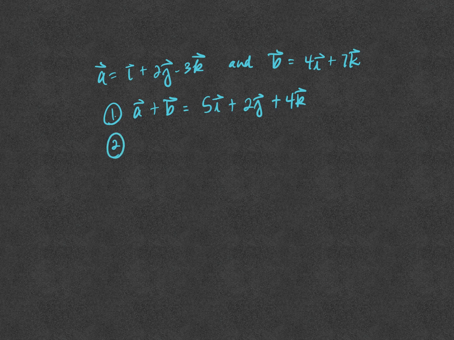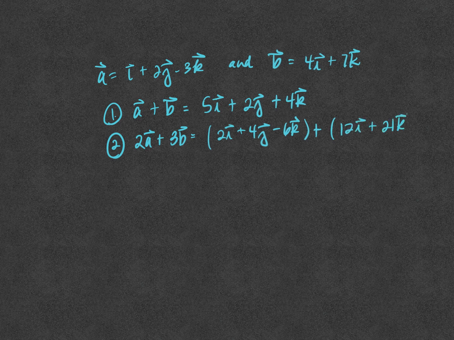Number 2, let's say 2 times vector a plus 3 times vector b. Again, I would start with multiplying the scalars so we don't lose things. So we're going to have 2i plus 4j minus 6k. You don't have to read the word vector every time as long as you remember to write it. And then when we multiply by 3, we have 12i plus 3 times 7 is 21k.